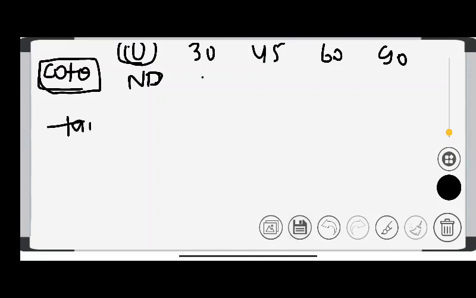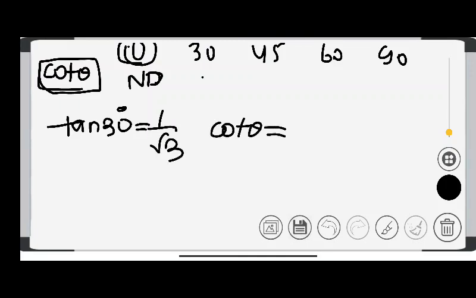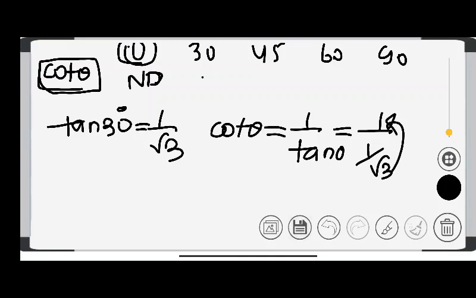Tan 30 degree, I remember, is 1 by root 3. So cot 30, since cot theta is equal to 1 upon tan theta, is 1 upon 1 by root 3, so root 3 goes to the numerator. I will write root 3. Tan 45 is 1, so cot 45 is also 1, because both are equal at 45 degree. For 60 degree, 1 by root 3. 90 degree is 0. Okay.